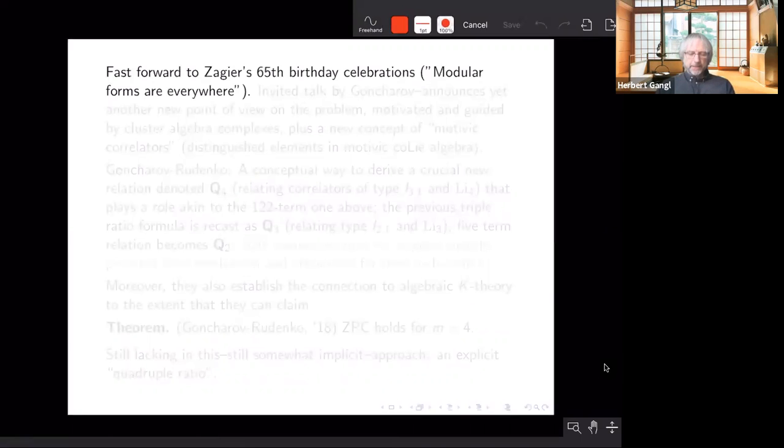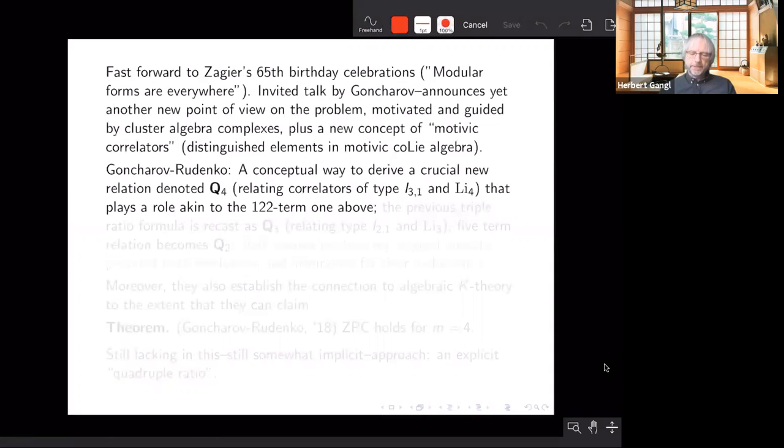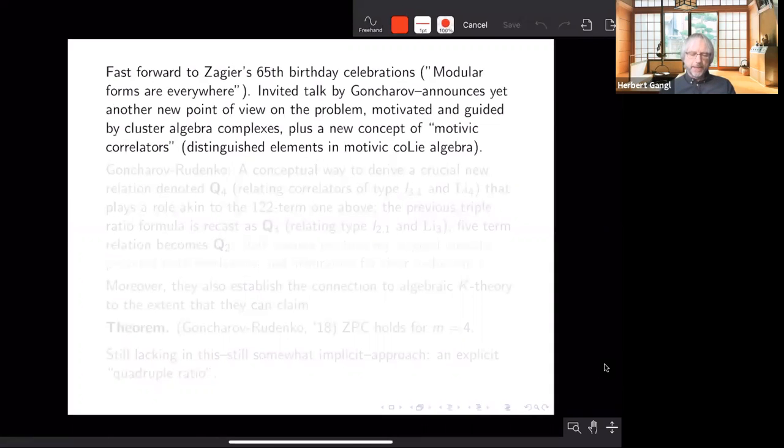So 5 years later, actually 6 years I think later, because Zagier's 65th birthday celebrations with modular forms being everywhere was, I think, delayed by a year, Goncharov gave an invited talk, and he announced yet another point of view on the original problem, this time using these cluster algebras in terms of complexes, moduli spaces, a new concept of motivic correlators.